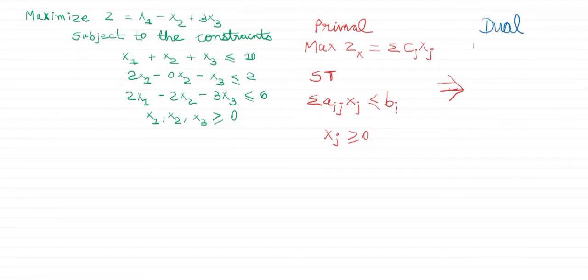And in dual form the same thing we'll write as maximize will turn to minimize. So it will be minimize zy, here x will be y, is equal to sigma bi yi, then subject to sigma aji yi greater than or equal to Cj.